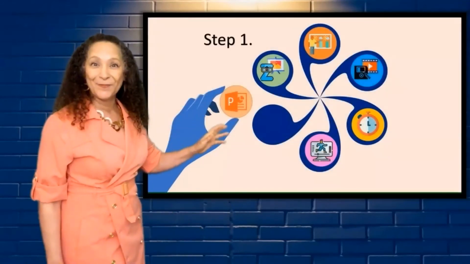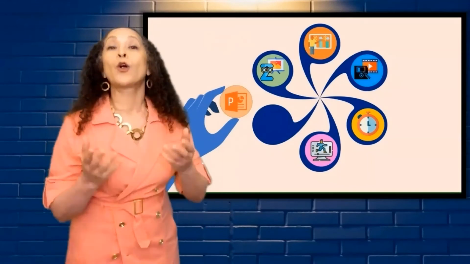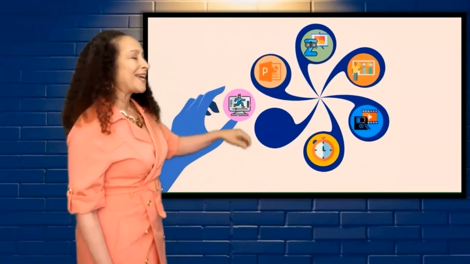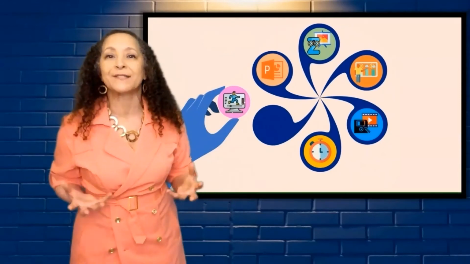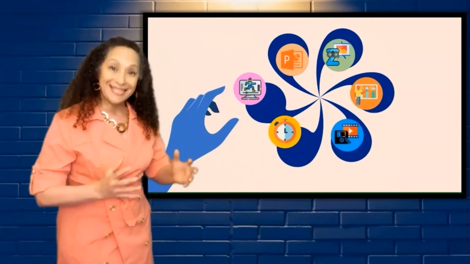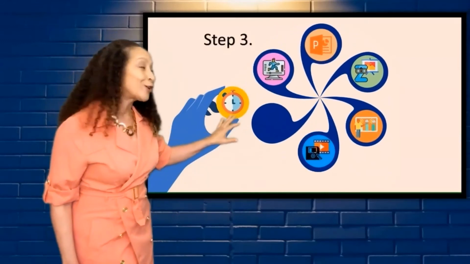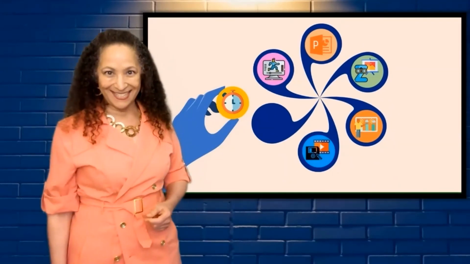Here's how. First, you'll create your content in PowerPoint, or Keynote for Mac users. Then, add some movement using animations, videos, and dynamic transitions. Once all your content is in, rehearse your slides to your speech to automate the timing.